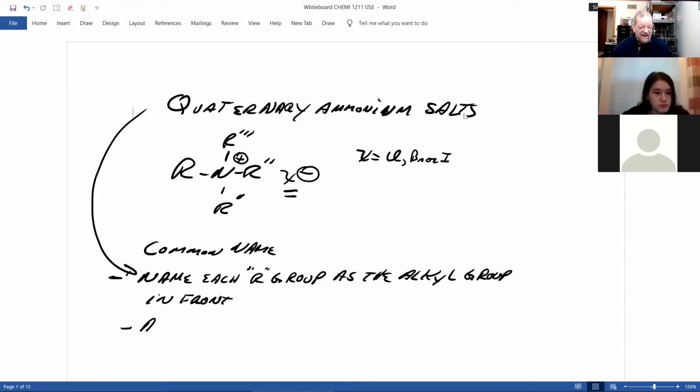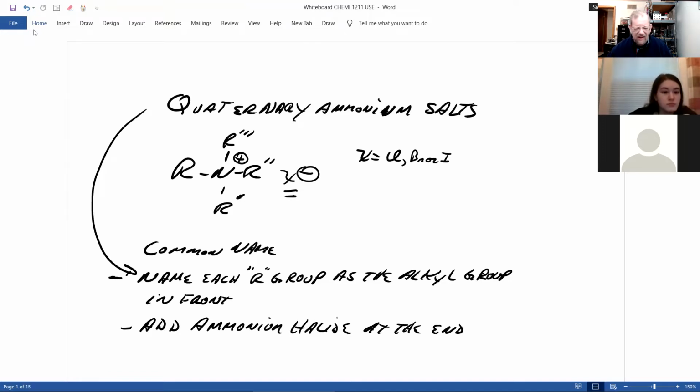Next, add the words ammonium halide at the end.